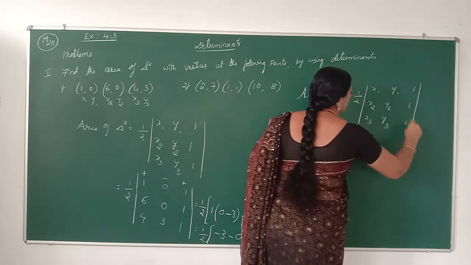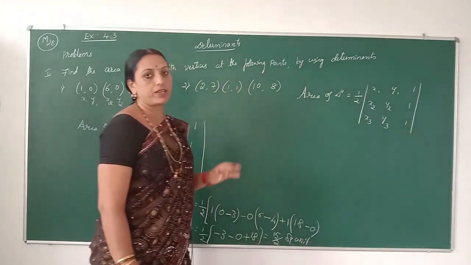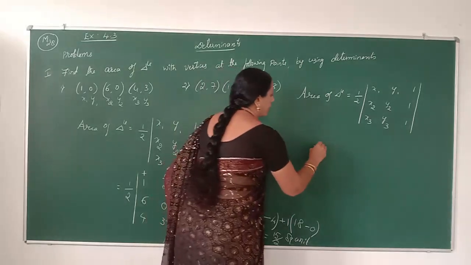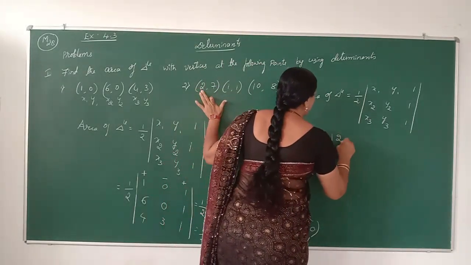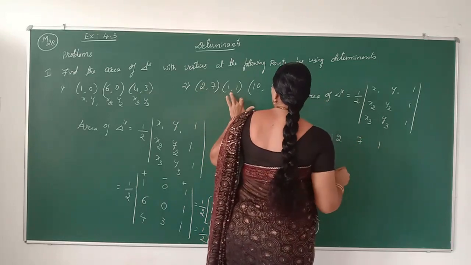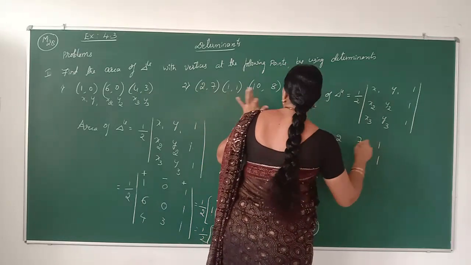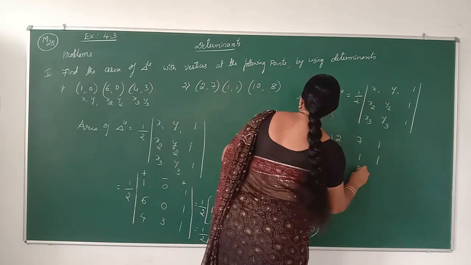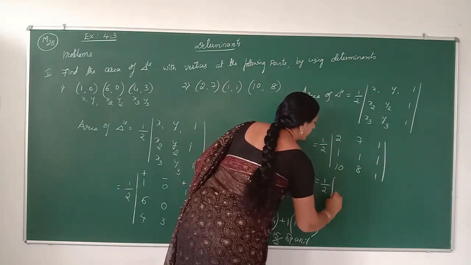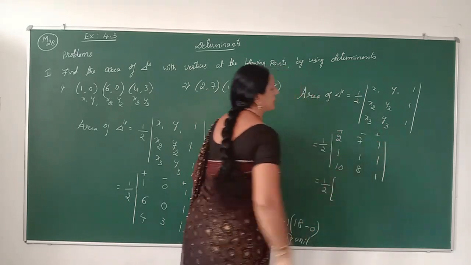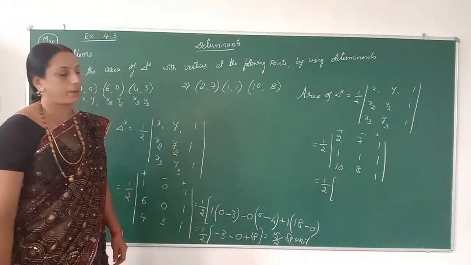But it is not necessary to mention the formula in all the problems. That is half of the determinant 2, 7, 1, 1, 1, 1, 10, 8, 1. So, simplifying by using the alternating signs along with the expansion.